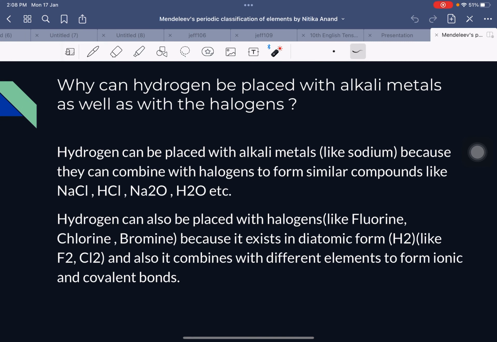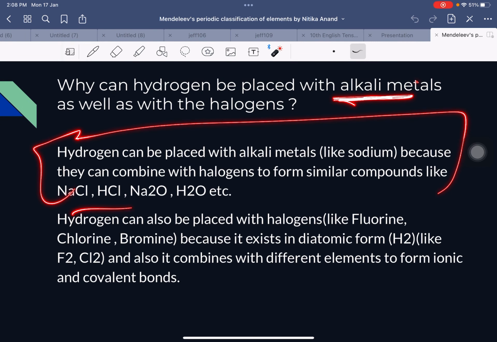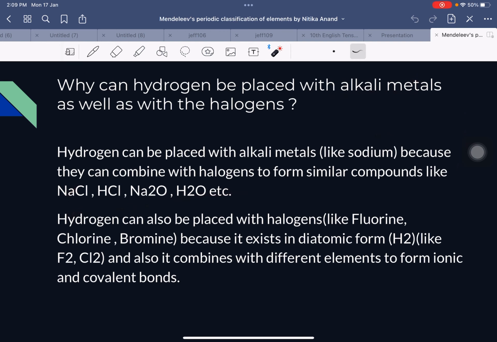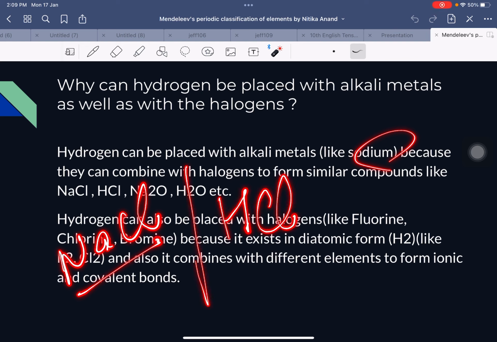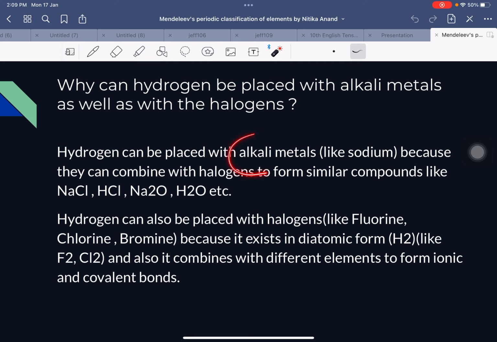Hydrogen can be placed with alkali metals like sodium because it can combine with halogens to form compounds like HCl and H2O. We all know what halogens are: chlorine, bromine. An element like sodium combines with them to form a compound. The same is done with hydrogen. So hydrogen can be put in the category of alkali metals.